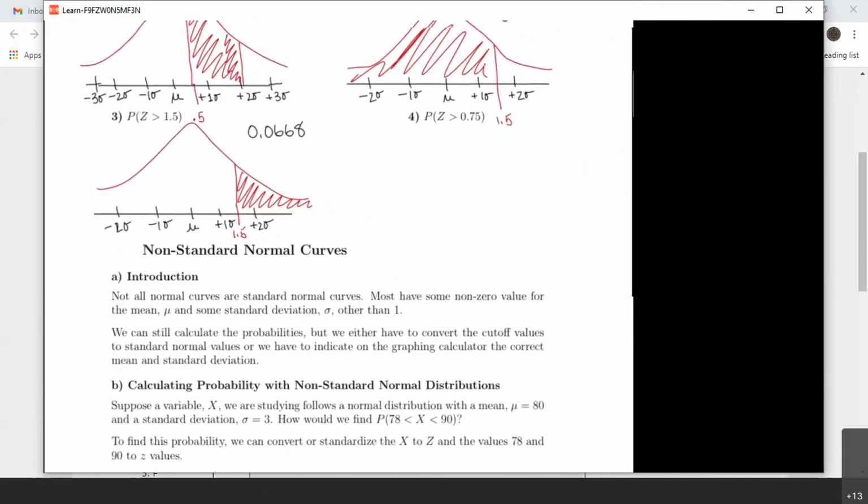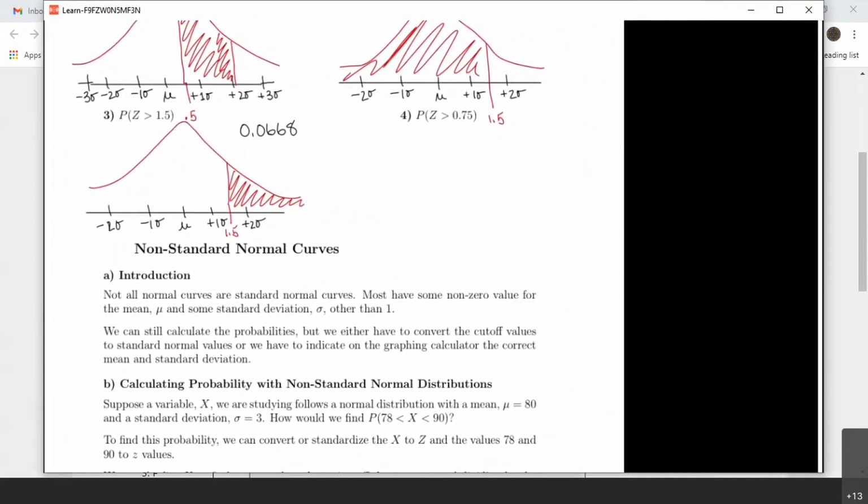And the other one here is saying greater than 0.75. Well, again, it's just a matter of having things in the right place. This is +1, +2, -1, -2. So basically, if I'm talking about scores in a standard normal, this score would be 0, this score would be 1, this score would be 2, this score would be -1, this score would be -2.